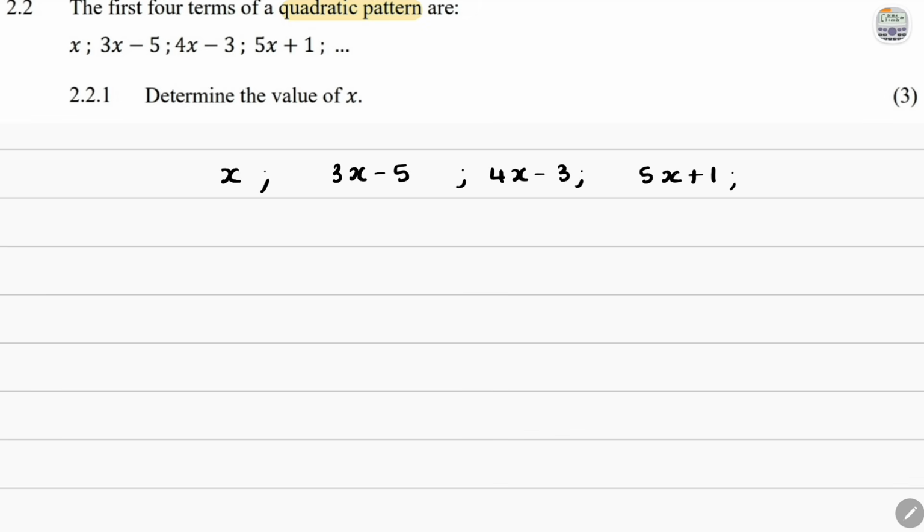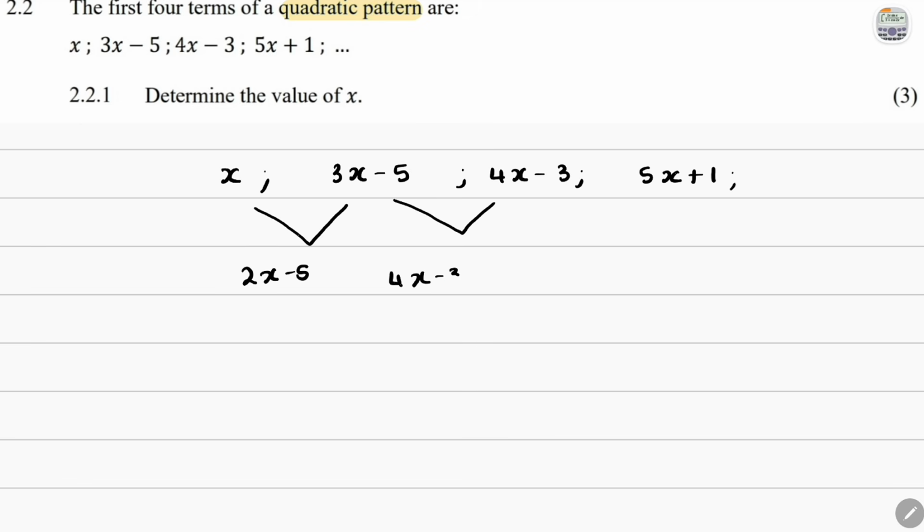So first, we need to find the first differences of this pattern. So we'll say the next term minus the previous term. So that is 3x minus 5 minus the x. And of course, that's going to simplify. You see the 3x and the minus x, they'll simplify to 2x. So we have 2x minus 5 over there. We can just rewrite it here. And then here we're subtracting 4x minus 3 and then minus this.